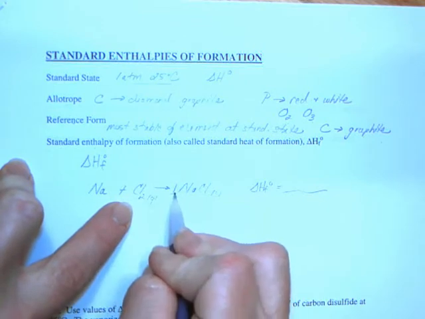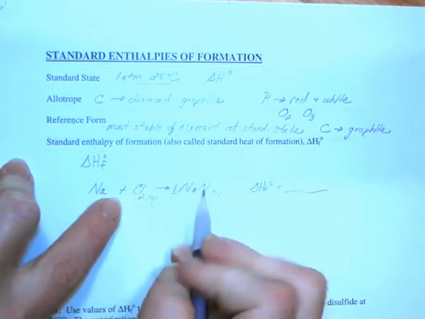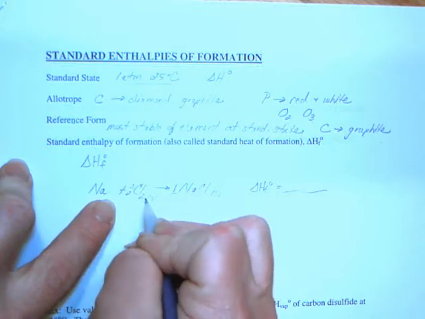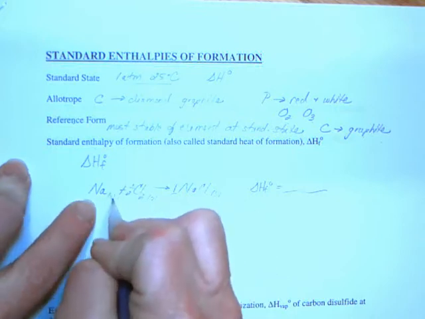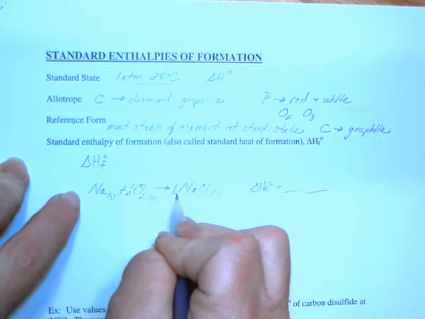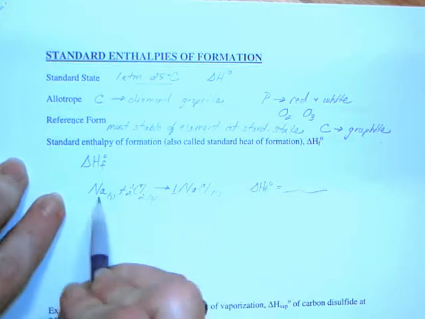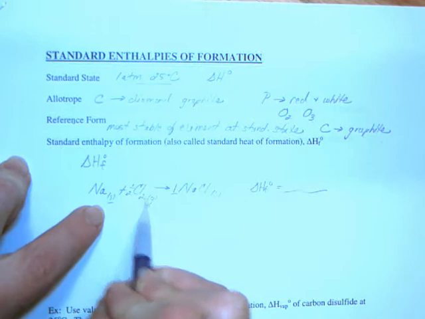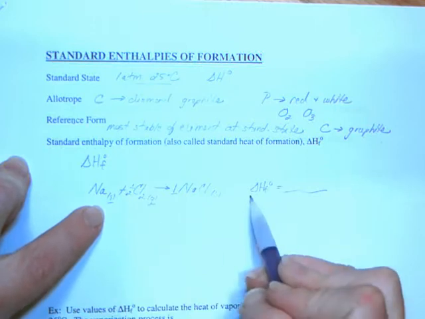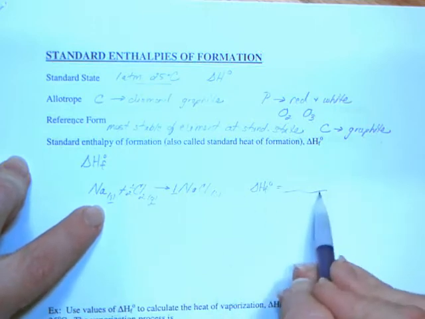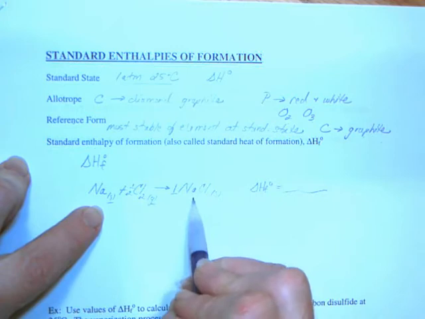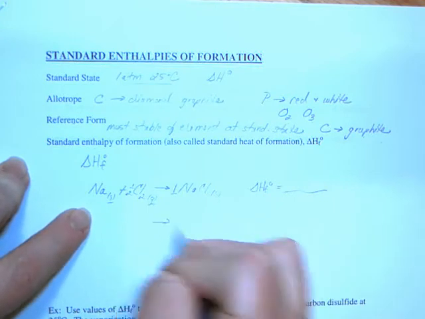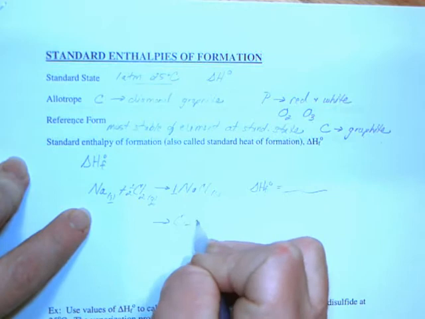Well, to deliver 1 mole of our product, we need 1/2 a mole of Cl2. Sodium is a solid, and for 1 mole of sodium chloride, we need 1 mole. So by reacting these quantities from sodium solid and chlorine diatomic gas, the energy that's released or absorbed is the standard enthalpy of formation.